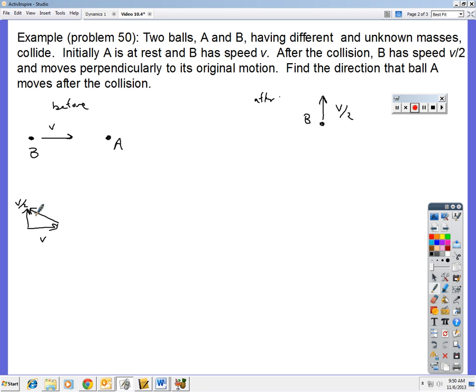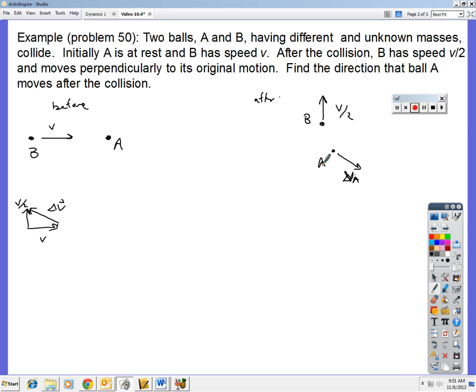So the change in B's velocity points in that direction, and so does its change in momentum. So A has to pick up some momentum in this direction in order to keep the momentum conserved.